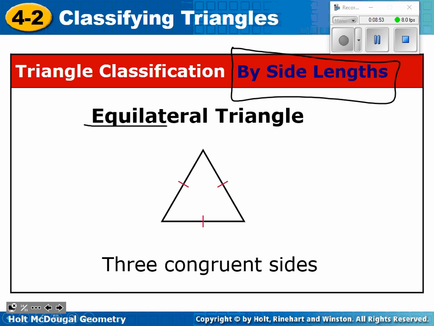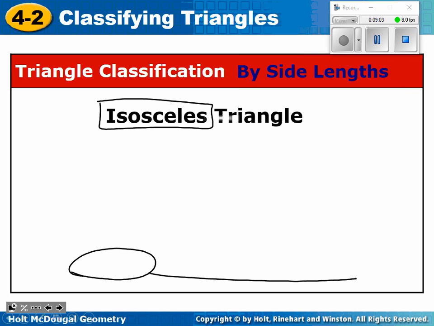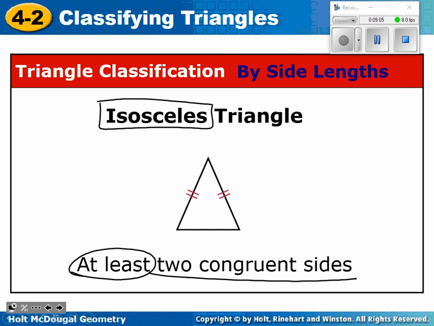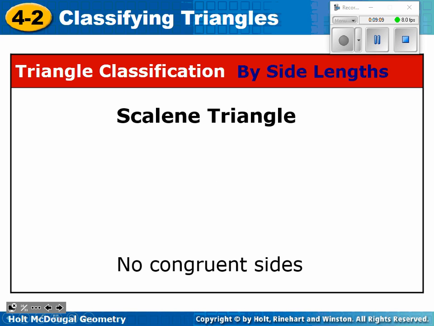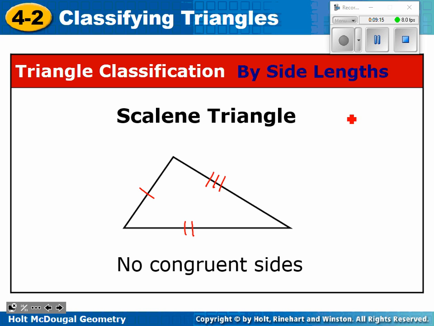Yes. If it does, it would be equilateral. If it just has two, then it's not equilateral. So it would be sometimes. Does that make sense? Okay, so the isosceles definition is at least two, not just two. That's the kicker. And then the last one is scalene, and scalene triangles have no congruent sides. So all the sides will be different lengths.